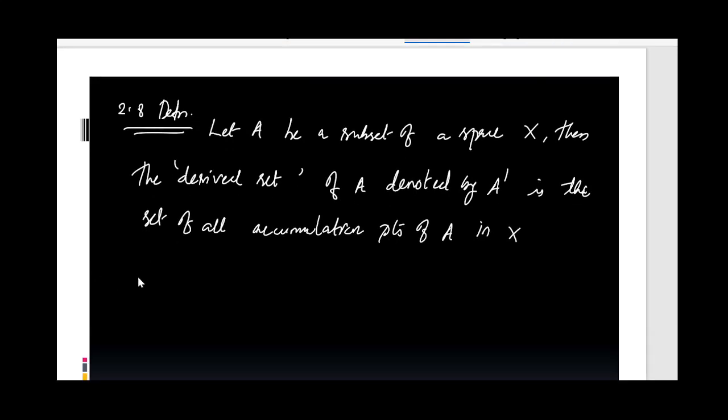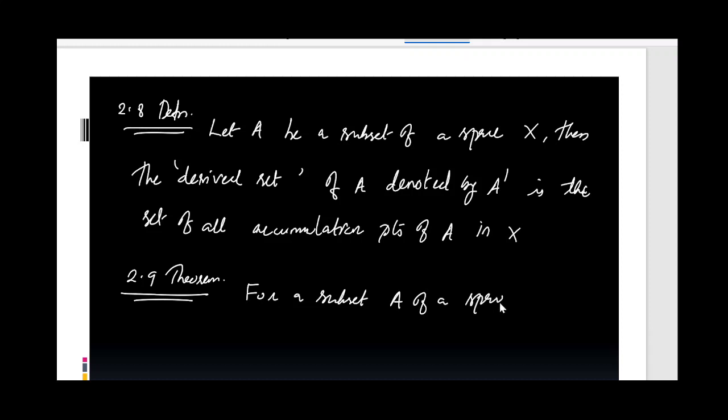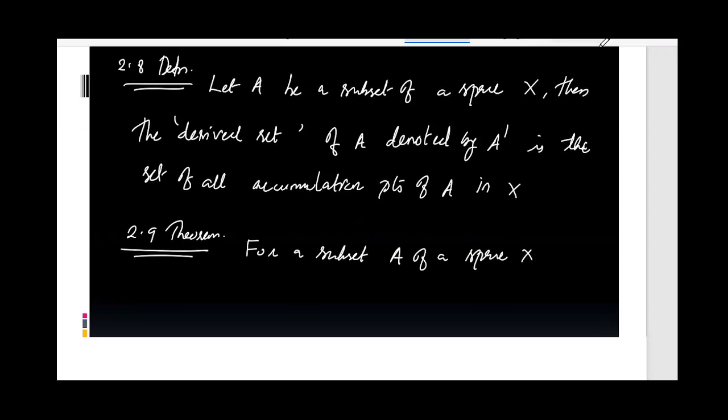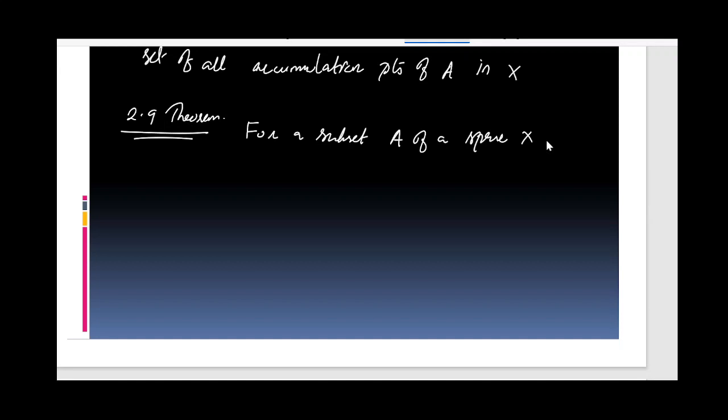2.9 Theorem. For a subset A of a space X, A closure is equal to A union A dash.